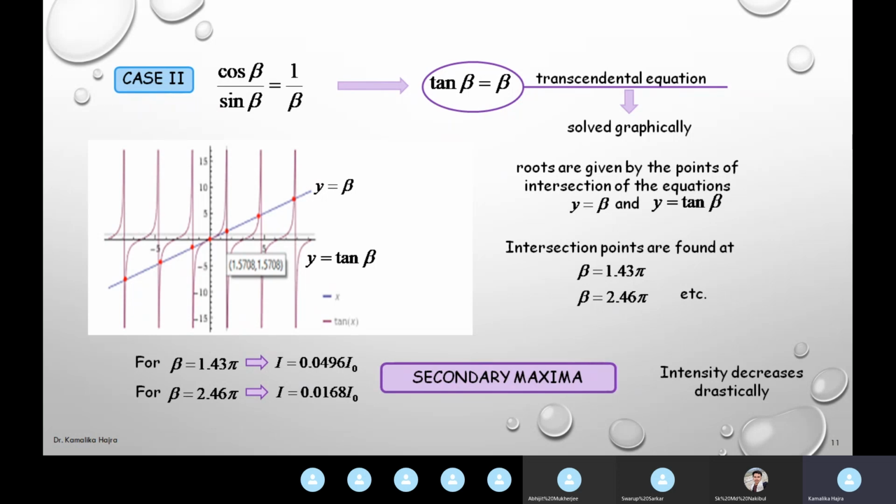So this is how the diffraction pattern is different from the interference pattern. In interference, if you recall Young's double slit interference, then the fringe pattern is simply bright and dark fringes. All bright fringes have the same intensity.